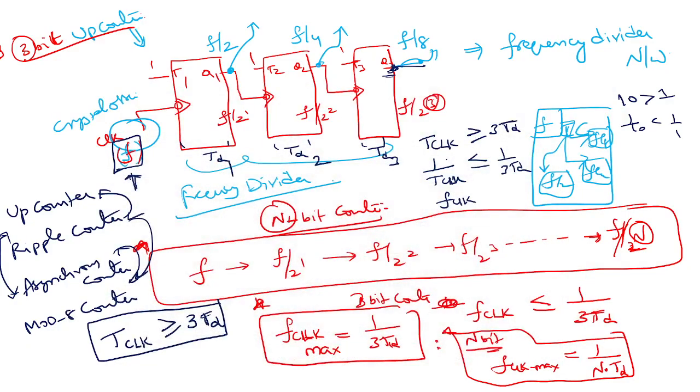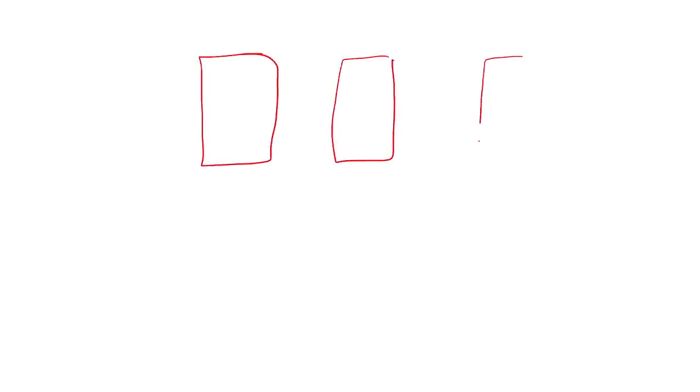Okay, so what I'm saying is, I'll draw this and explain again. You have 3 flip-flops, T1, T2, T3, in toggling mode.